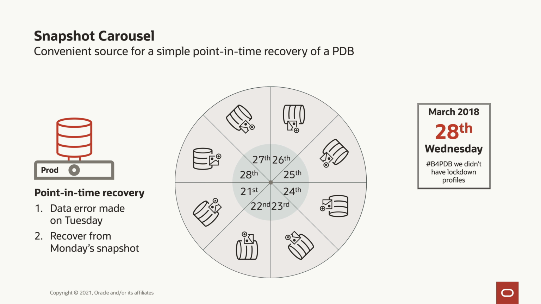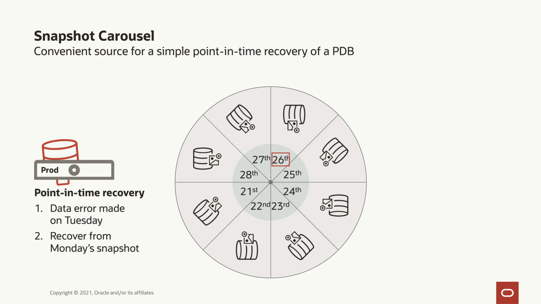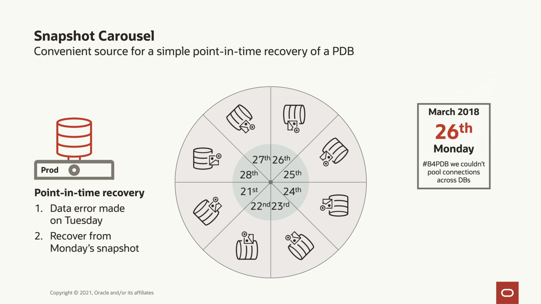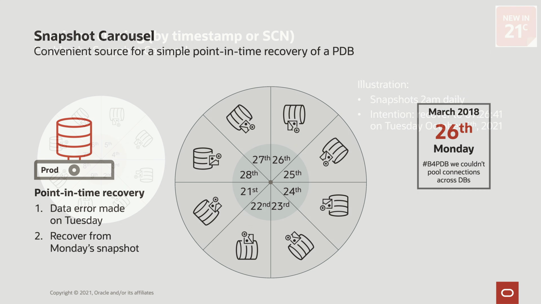But then, on Wednesday the 28th, we discover that a serious data error was introduced the previous day, Tuesday. It is determined that the simplest remedy is to recover from Monday's snapshot taken before the data error was introduced. We simply drop the current PDB and restore a clone of Monday's snapshot before the data error was made.